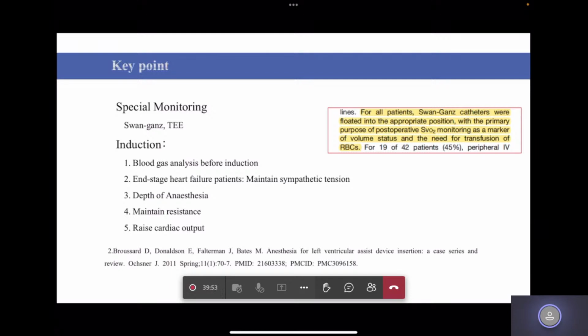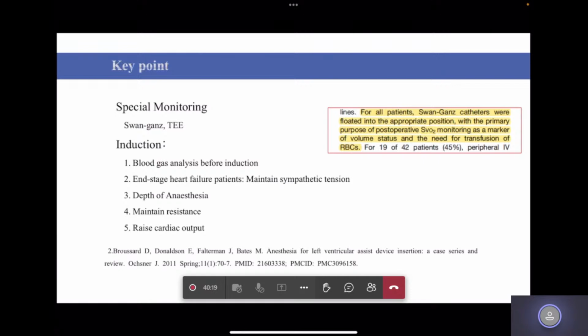During the surgery, some special monitoring is needed. Both TEE and Swan-Ganz are important. We use the Swan-Ganz to monitor the pulmonary pressure, and we use TEE during the surgery to see if the pump is at the right position.